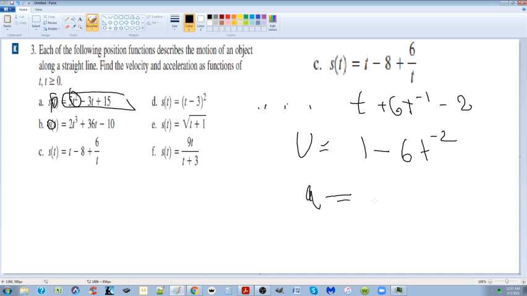Second derivative, plus 12t to the minus 3. This plus is way too big because it looks like a t. And that's the second derivative. If I was to rewrite it, you get a number over t cubed.